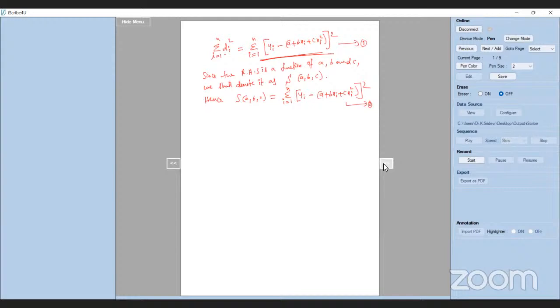According to the principle of least squares, we have to determine the parameters a, b, and c.